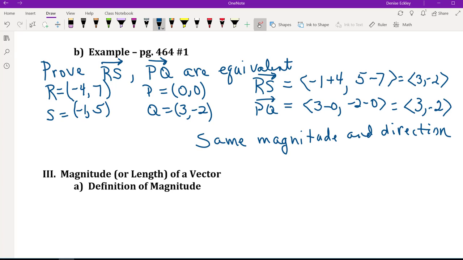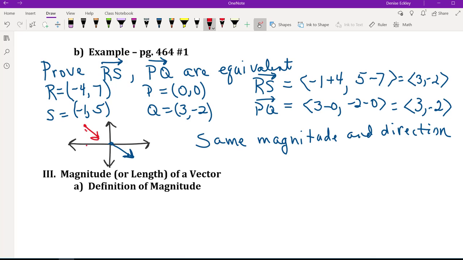Now if you were to graph them, and take a look at them originally, where their points were. PQ would have been from the origin to the point 3, -2, which is right there, so it'd be like that. And then RS was going from -4, 7 to -1, 5, like that.